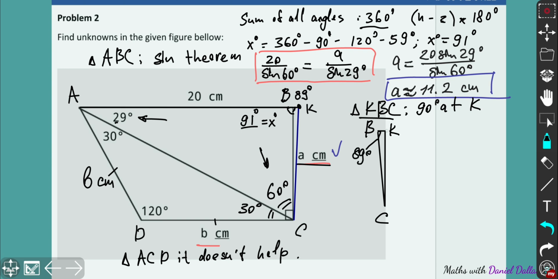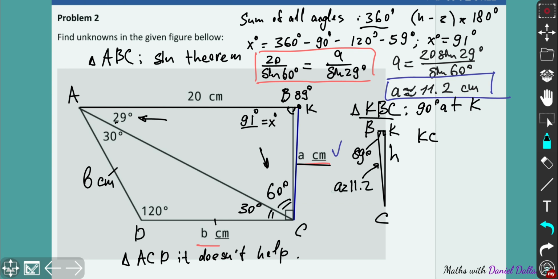So from where we can find KC, which is a height, okay? Because this angle is 90 degrees. So let's find KC. We found A, right? So this is A, 11.2, so we know that.